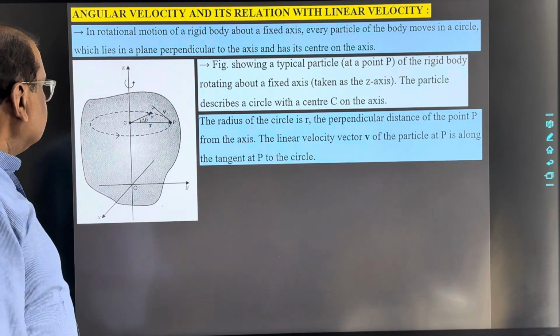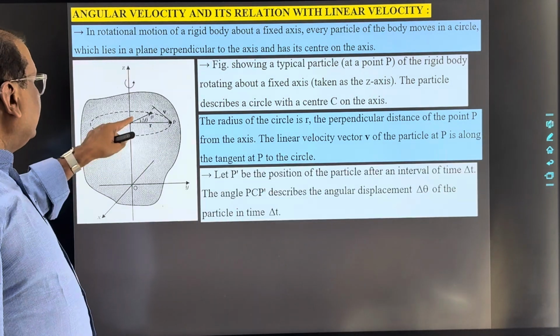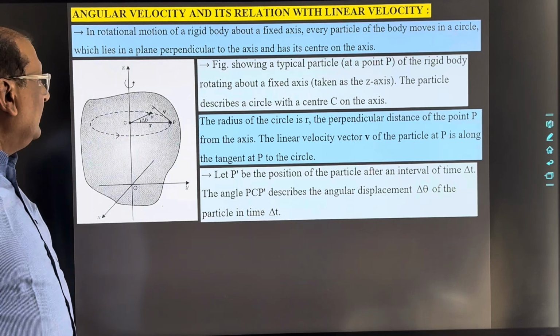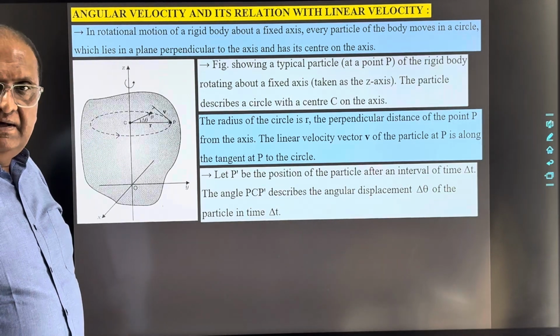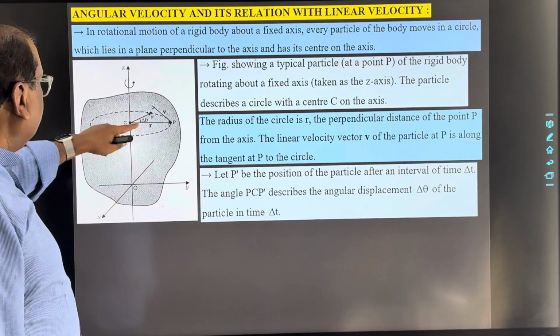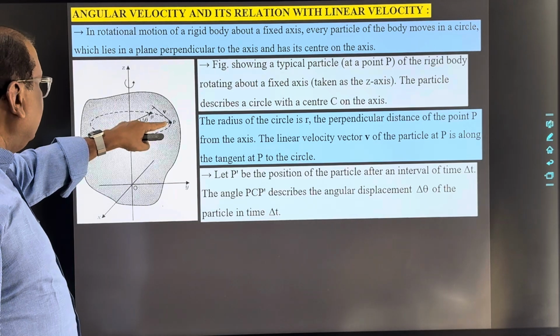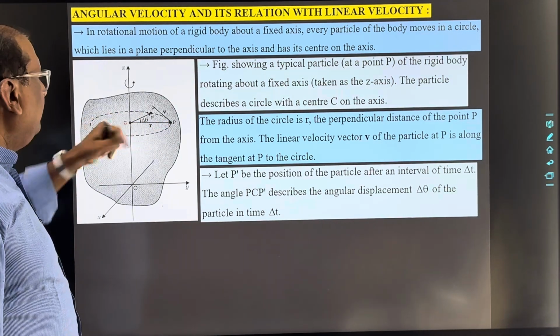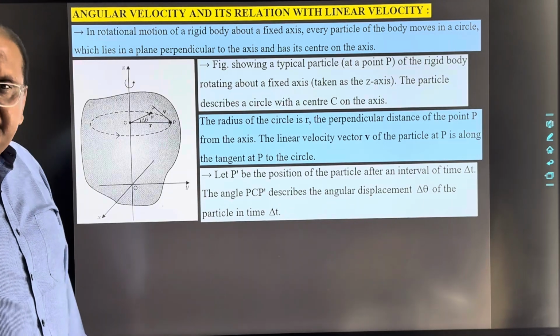Now suppose in time interval delta t, particle P reaches position P dash, and suppose the angle subtended at the center, this angle P C P dash, is delta theta.